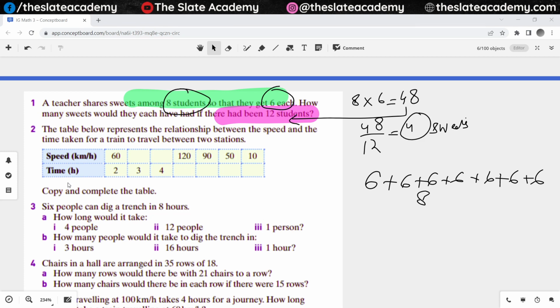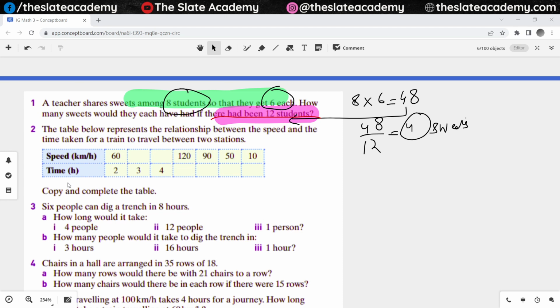This is simply 8 multiplied by 6, right? So how many sweets are there in total? 48. So if there are 48 sweets and now they have to be divided among 12 students, how would I find that out? 48 divided by 12. What is the answer? That is how we solved question number 1.